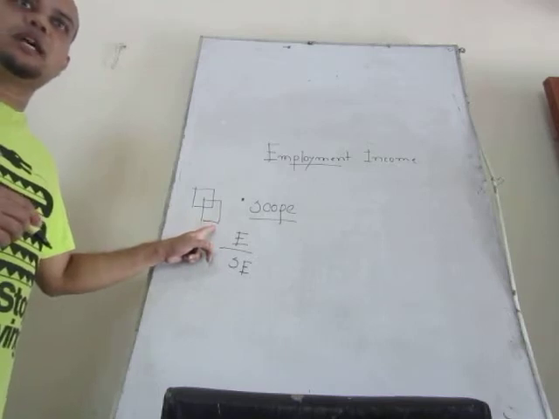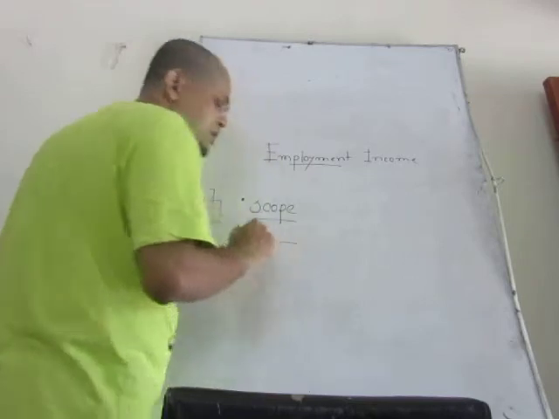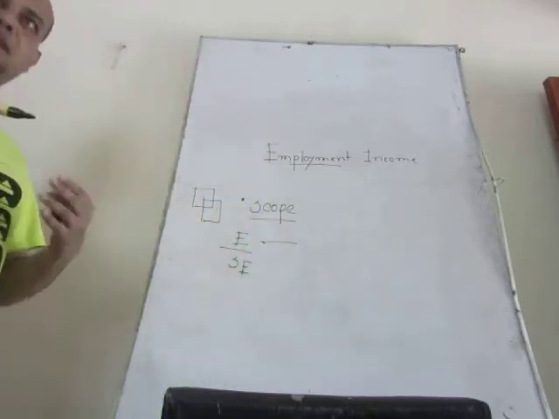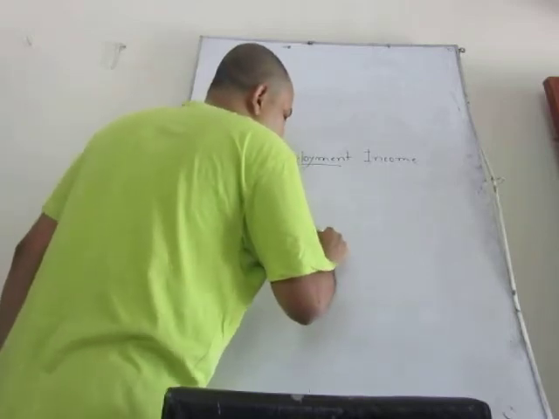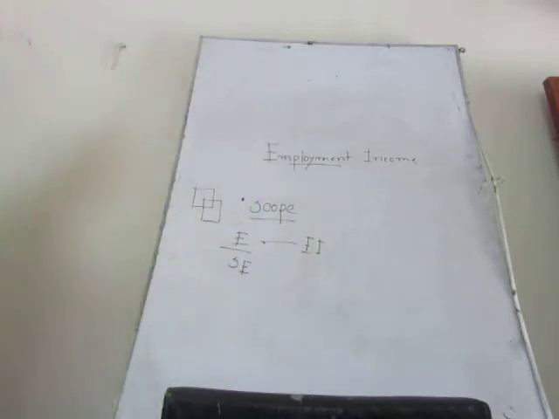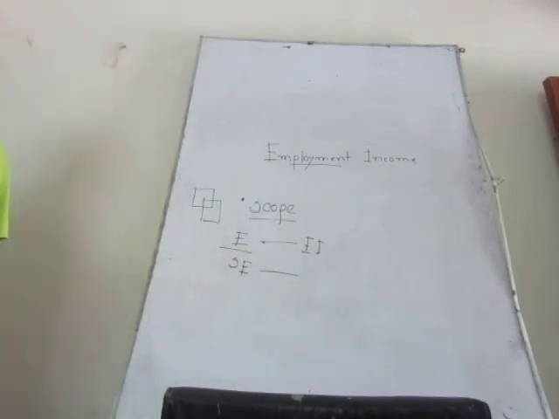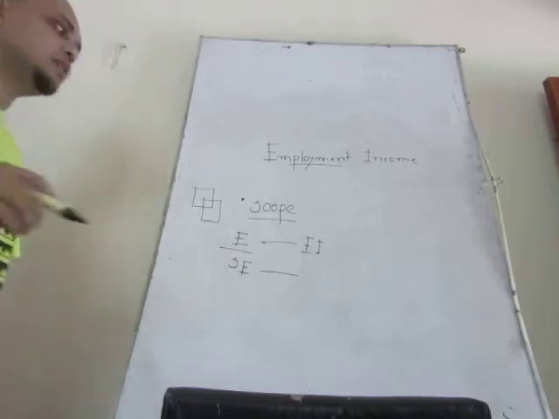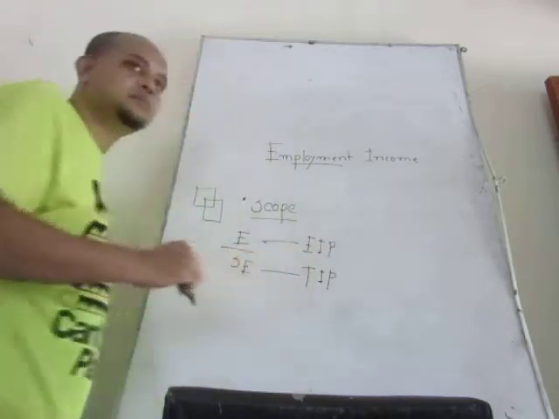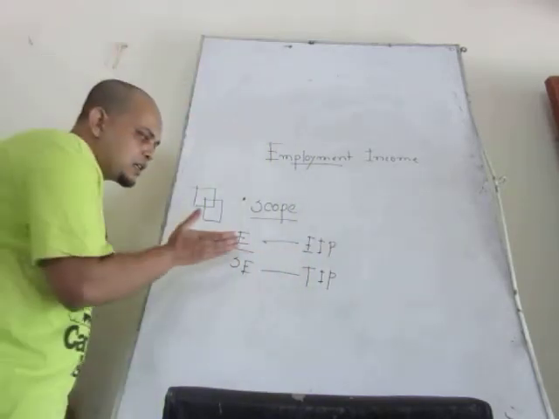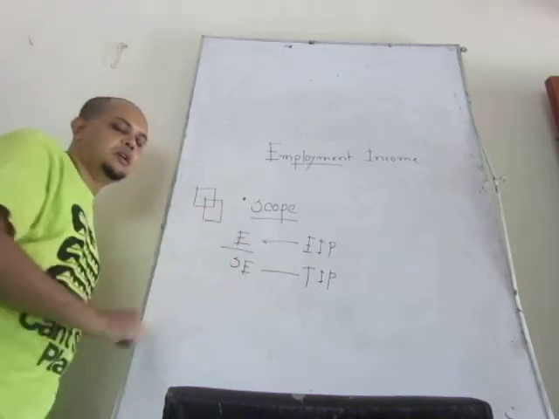An employed person's income will be taxable under the employment income provision, and we'll discuss that. Whereas a self-employed person's income will be taxable under the trading income provision. That's why we need to distinguish who is employed and who is self-employed.